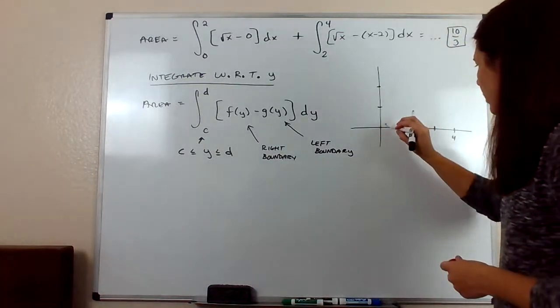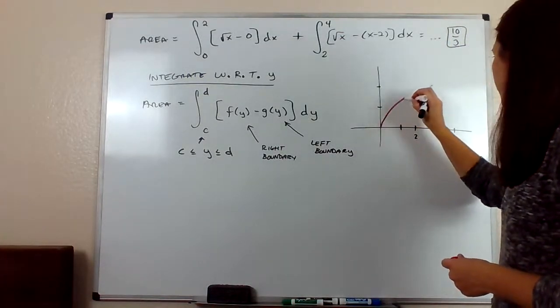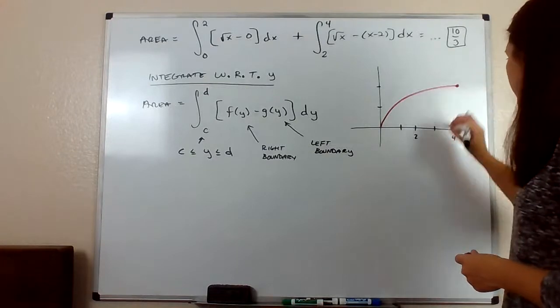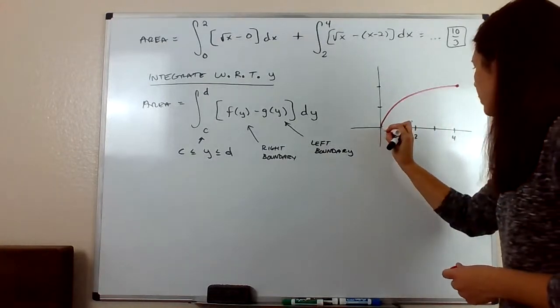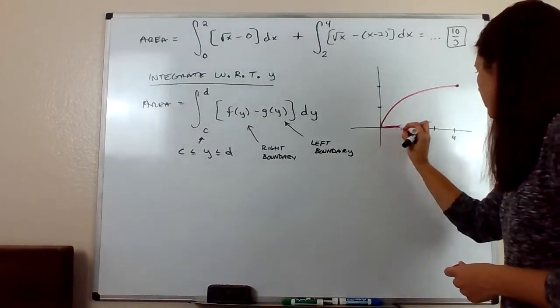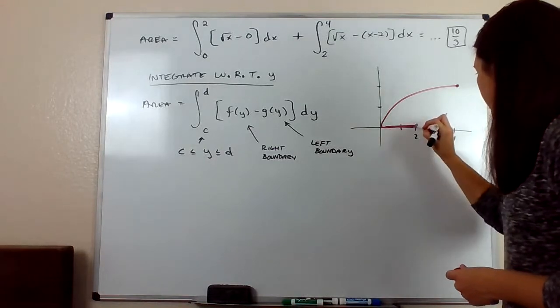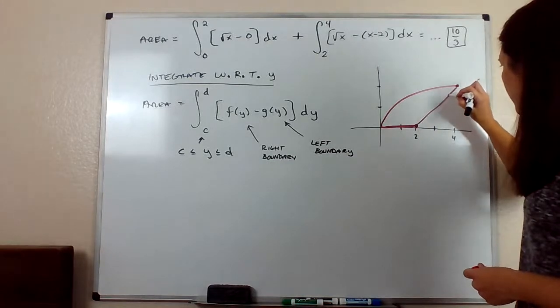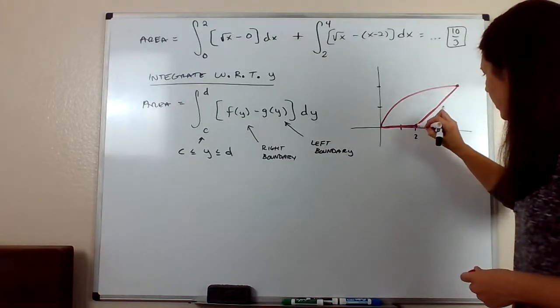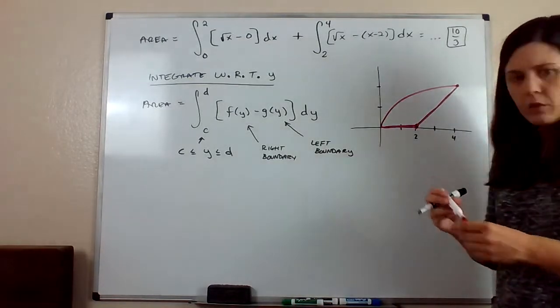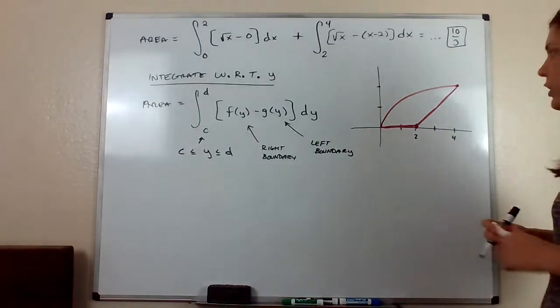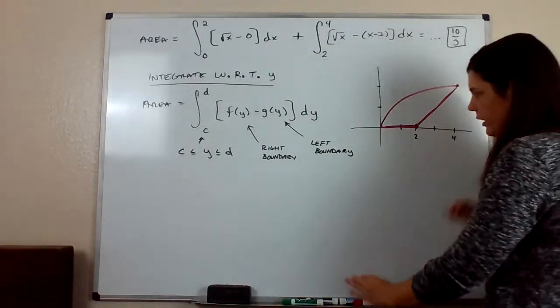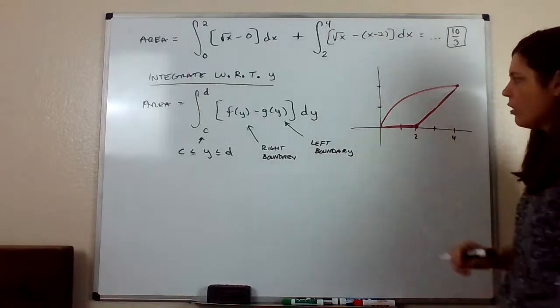Okay, so the top looked like our curved square root. The bottom had the straight y equals 0 right here. And then at 2, we had our slanted line, x minus 2. All right, so just a quick redrawing of our region. That's our same region. I just smashed it down so it's smaller.